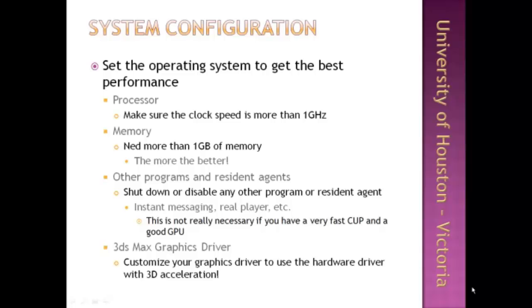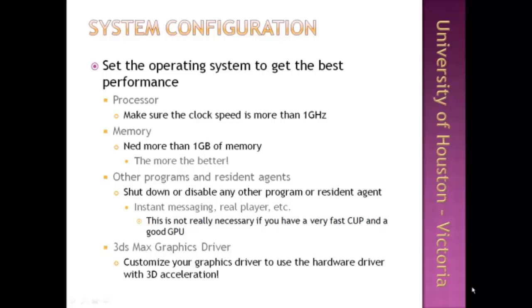So the first and foremost component of your computer is your processor, and for the best results you need to have a processor that runs more than 1 gigahertz, or essentially its speed is more than 1 gigahertz. And of course, the more speed you have, the faster your CPU is, and therefore the faster it handles the building blocks and components of your programs, including the 3ds Max.